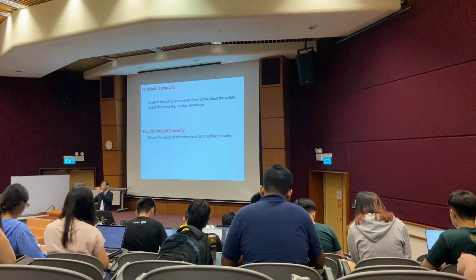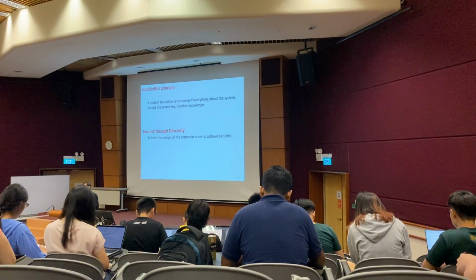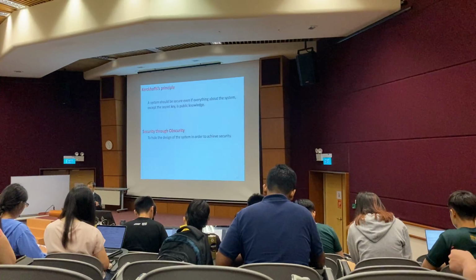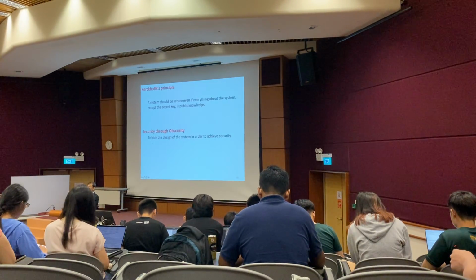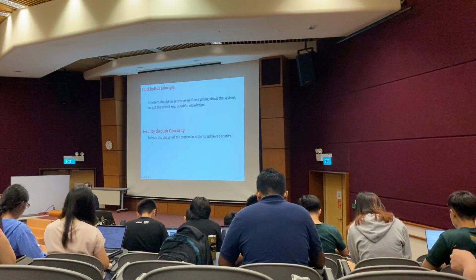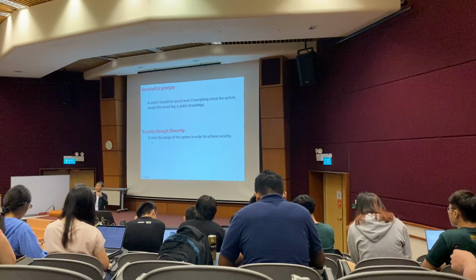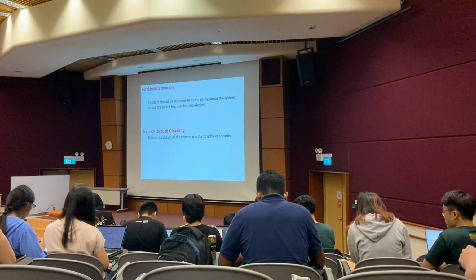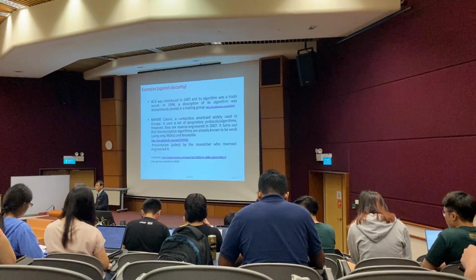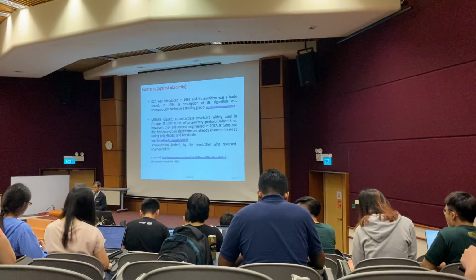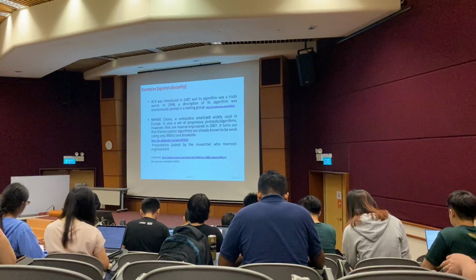That means the encryption scheme, the algorithm, has to be known to everyone. The other approach says no, the encryption scheme I don't tell anyone. So there are these two ways of doing it. Kerckhoffs's principle is against obscurity; we should not hide the system. These are two famous examples.